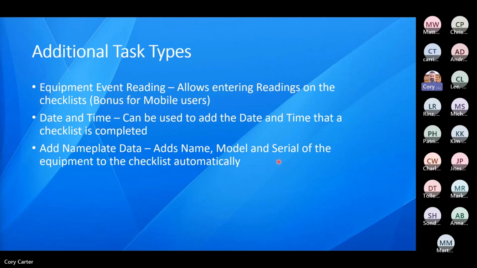So in the example of a bus, it'll fill in the name, model, and VIN number of the bus right onto the checklist. It helps you identify, especially if you have multiple equipment and multiple checklists on one work order, which equipment you should be looking at. So those are just some additional task types that we can put onto our checklist that I wanted to note, since we were talking about task types.